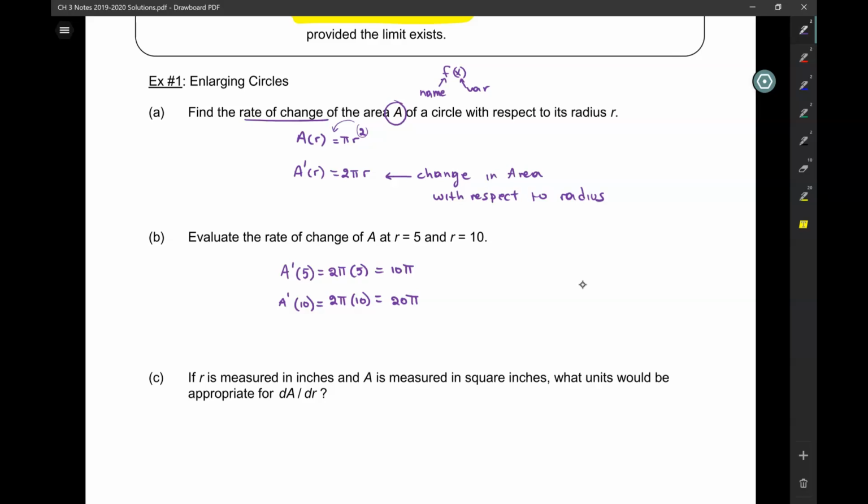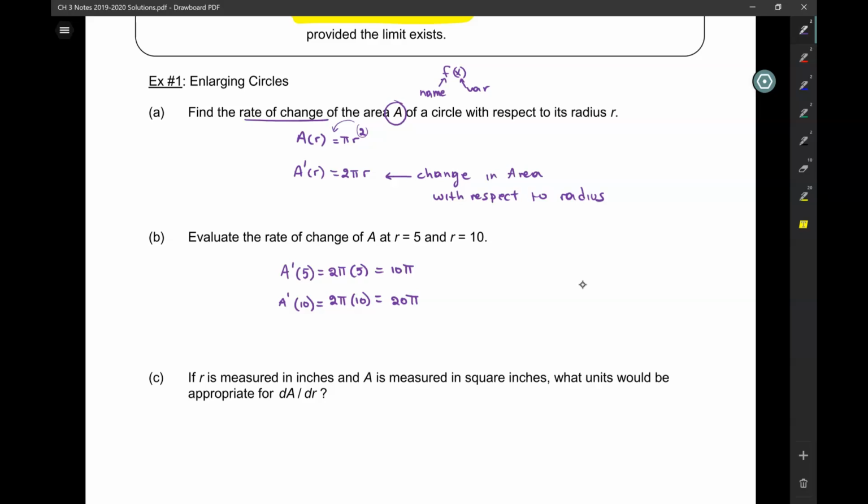So when the radius is 5, it's changing at a rate of 31.4 units. Okay? When the radius is 10, it's changing at a rate of 62.8.